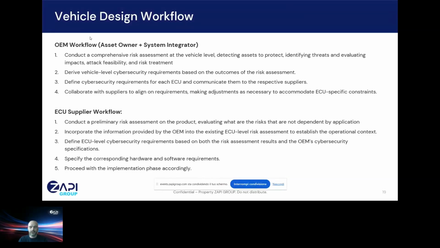For the people that already work with safety, they can immediately find some similarities, because typically both cybersecurity and safety can be managed in the same way, adopting some strategy, for example, the V model and so on.